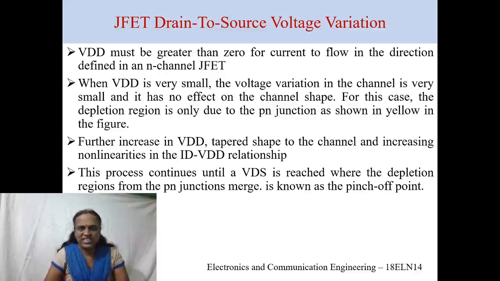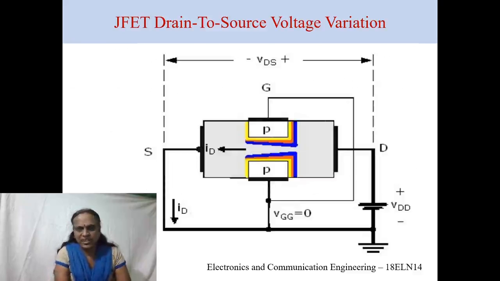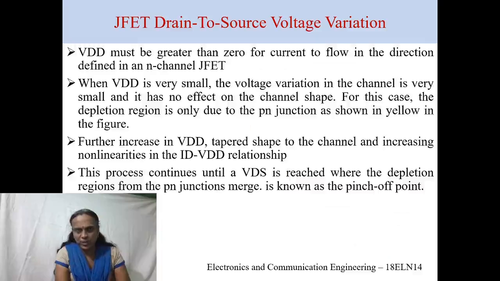So, for this case, the depletion region is only due to the PN junction, as we see here in this diagram, the yellow color in this figure. This is the JFET drain to source voltage variation.